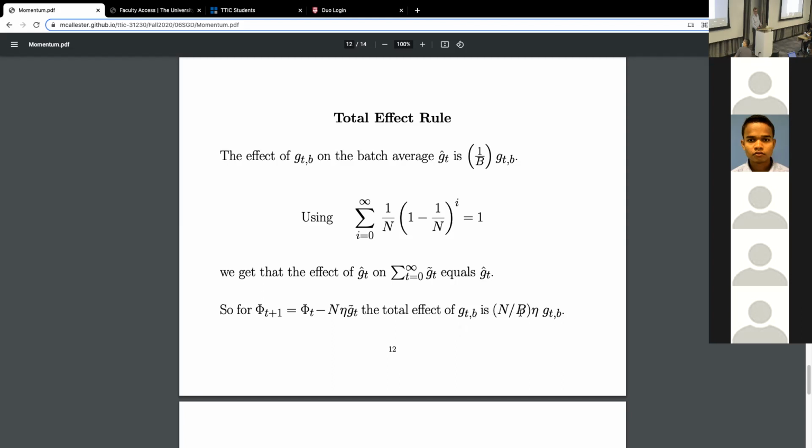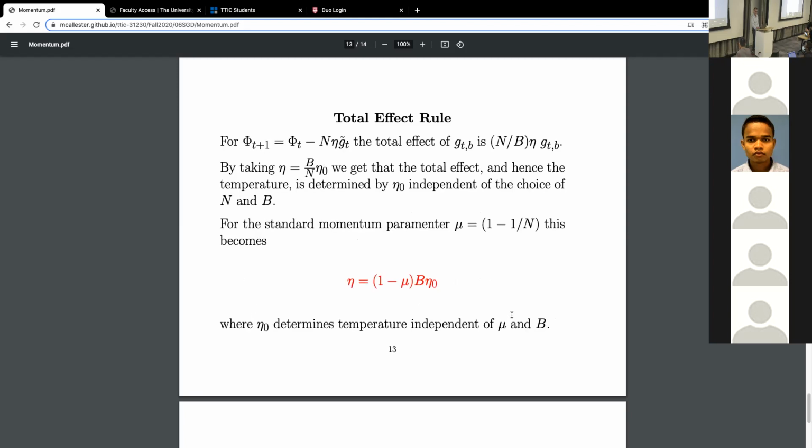So I've argued that the update is already sort of dividing by b, and it's multiplying by n. So what we need to do to get this to be a stable number independent of b and n is multiply by b and divide by n. And mu, because mu is 1 minus 1 over n, you get this correction.